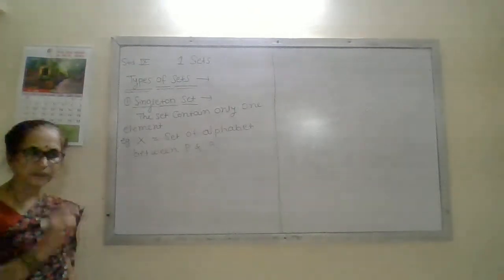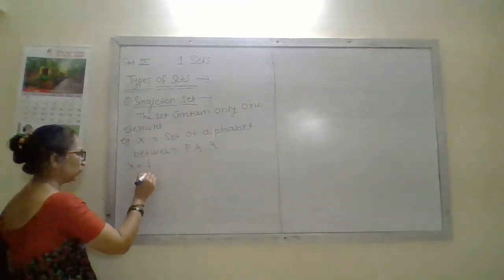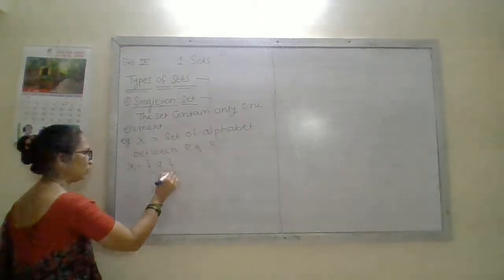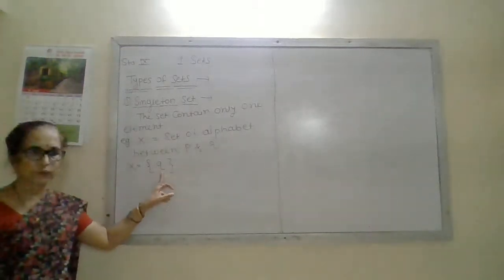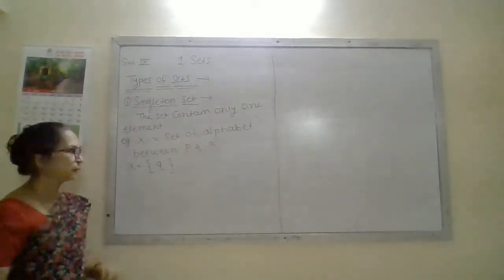Q. Only one letter there, right? In set form how do we write? X is equal to {Q}. Here the set contains only one element. Therefore it is known as a singleton set.